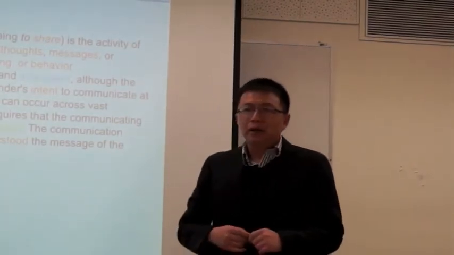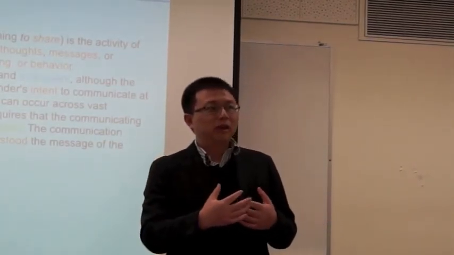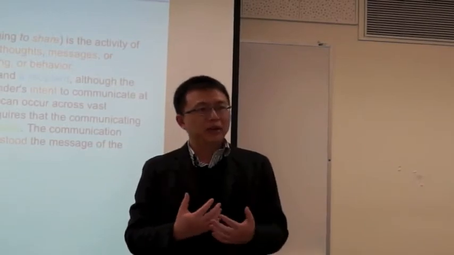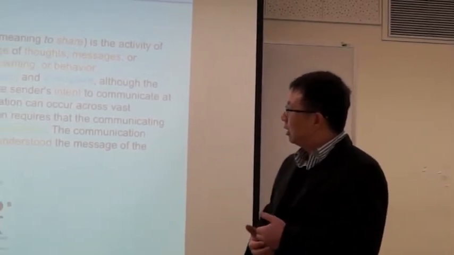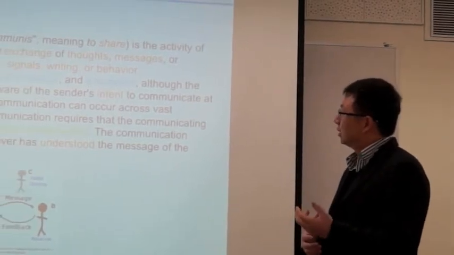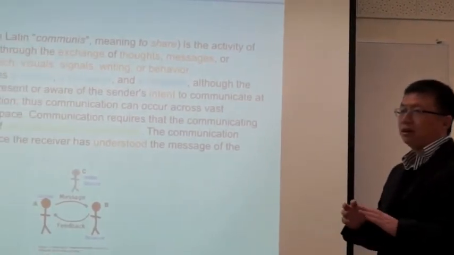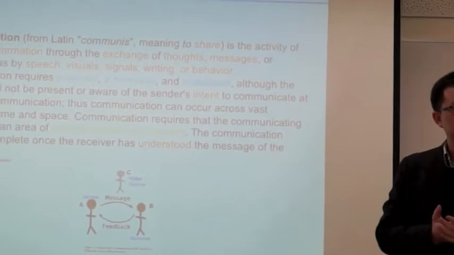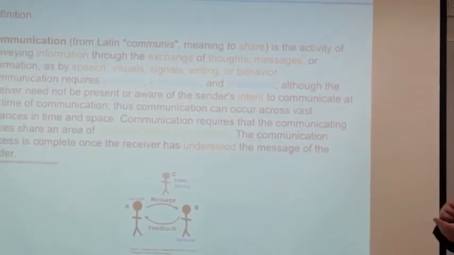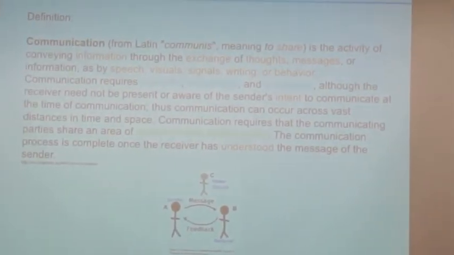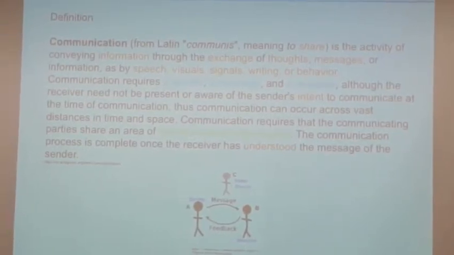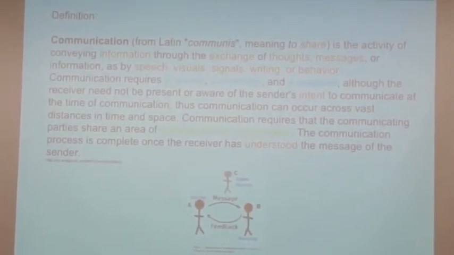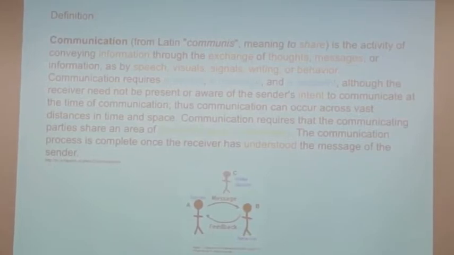So how we interact normally means communication, right? I go to Wikipedia. It says communication is to send some information through the exchange of messages by speech, visual, signal, writing, or behavior.